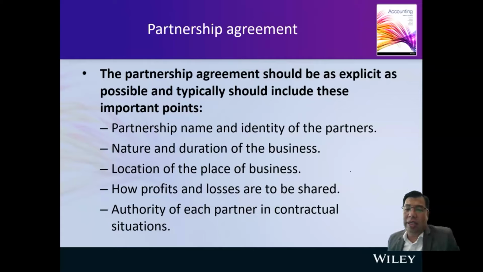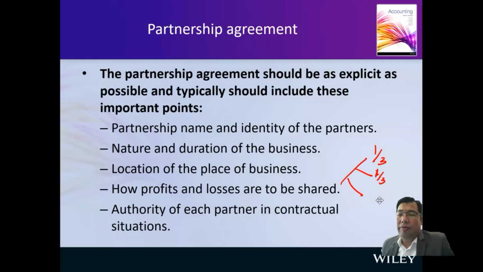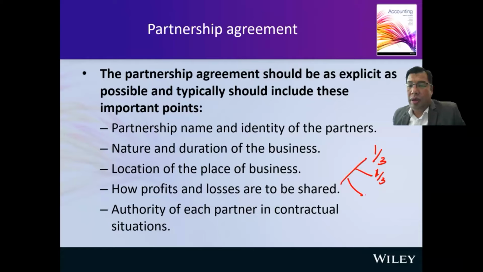You have three partners, are you going to share one third, one third, and one third? Or are you going to base it on the percentage of capital? These are the things that must be clearly stated in the partnership agreement.